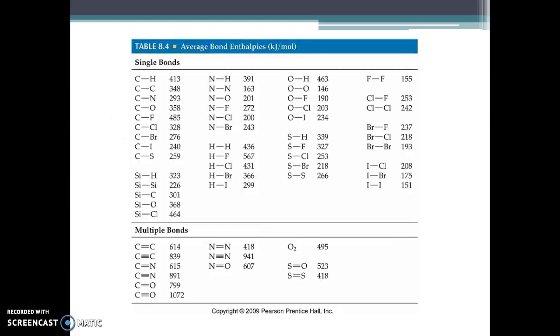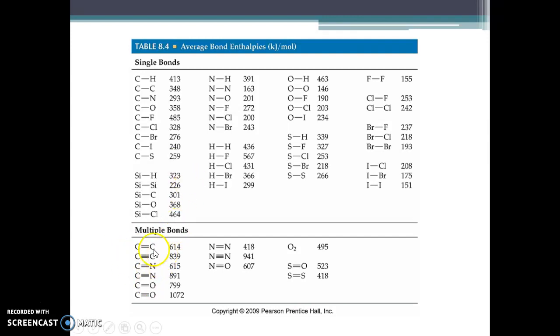All right, so here's some examples of the average bond energies for things. Notice a few different things. Obviously, each bond is going to be a little bit different depending upon the size of the atoms and how tightly attracted they are and the electronegativities of the atoms and so on and so forth.